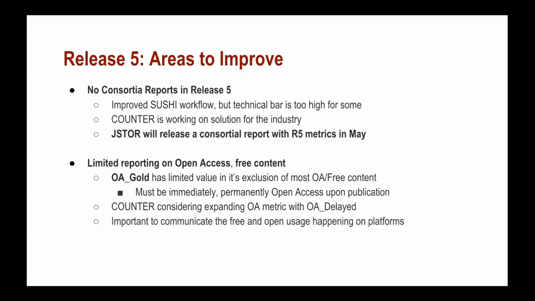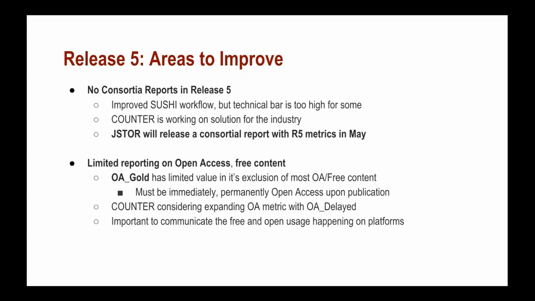And then the other area that we all need to be thinking about ways that we can get more out of the Release 5 spec is with reporting on open access and free content. Right now, the OA Gold is the only access type designation that allows you to say this content was accessed through an open access license.